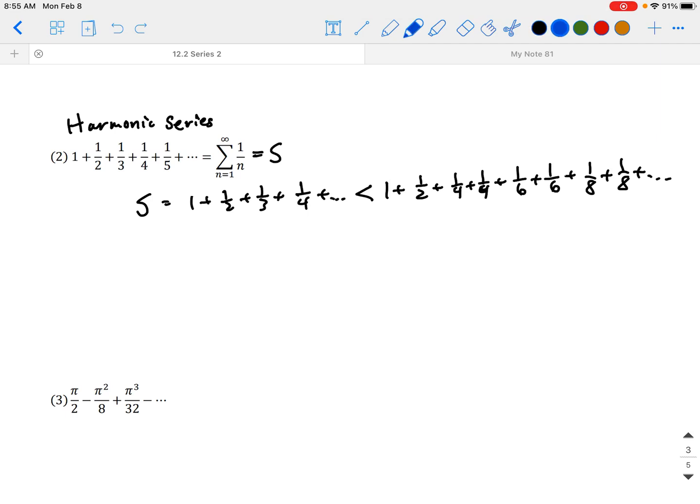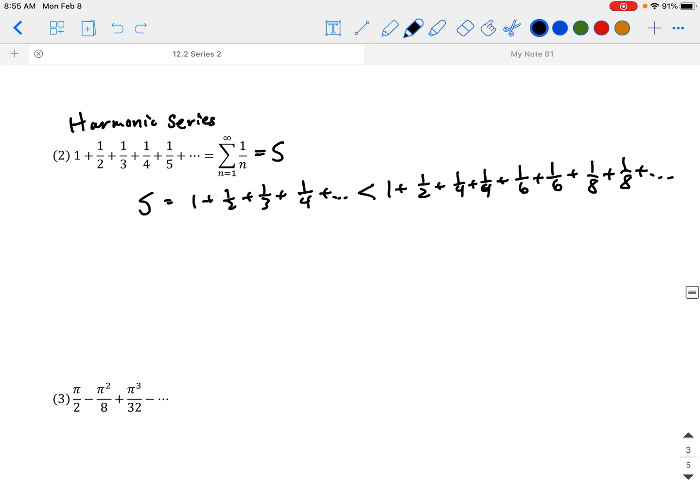Okay, so then let's do a little bit of work here. We're going to go to our series and group terms. We're going to group them this way and see if we notice something about that.